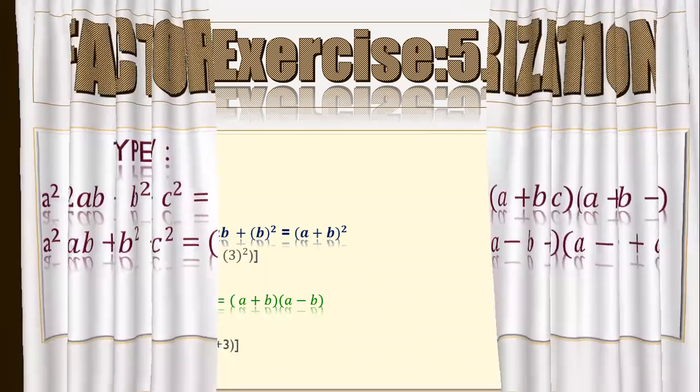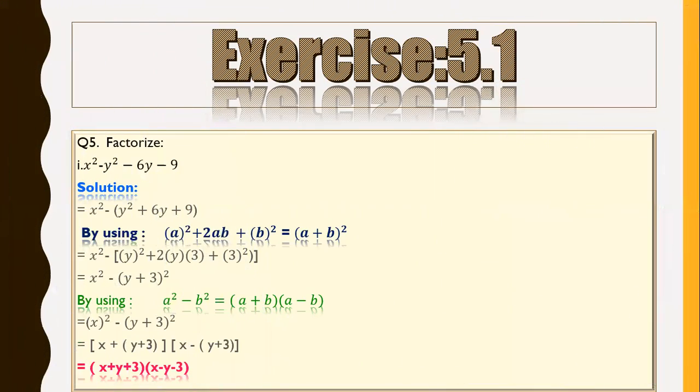The first part is x square minus y square minus 6y minus 9. Four terms are given, but this is not the same as what we did in question 2. This is totally different. In question 2 we have 4 terms and we combine 2 terms, make the partner, and then factorize it. But here we have 4 terms where 2 terms are in the form of squares, x square and y square, and also the third term has the variable y.